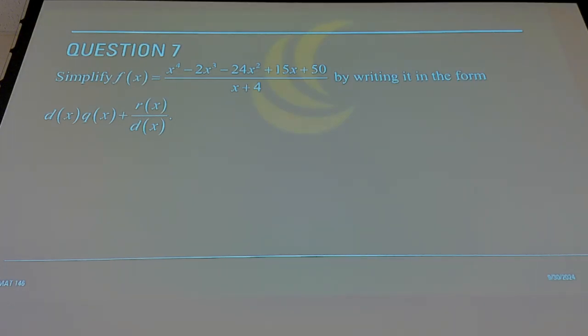So notice what it's now asking. It's not simply just asking for Q and R, is it? Can we perform synthetic on this? What's K? Just -4.